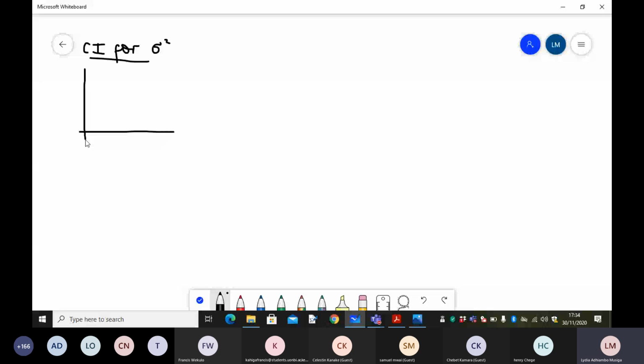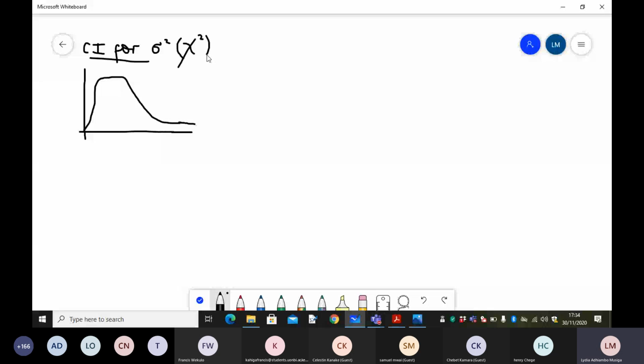We said that the chi-square curve is right skewed. For this one, we use the chi-square distribution.